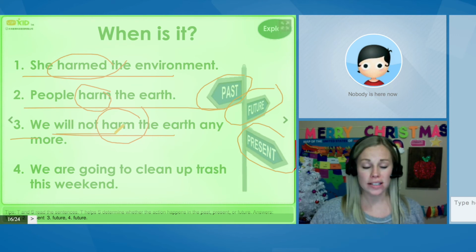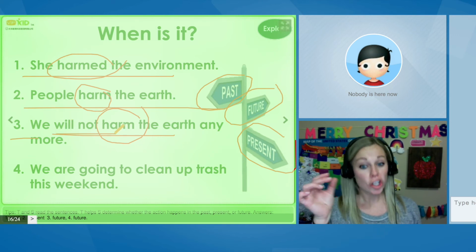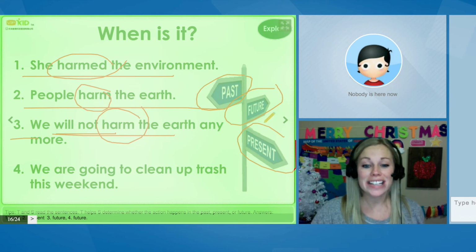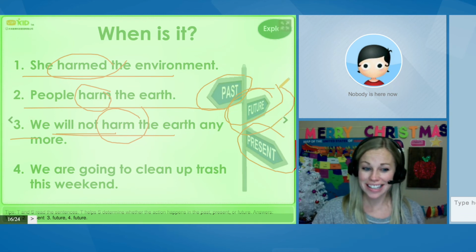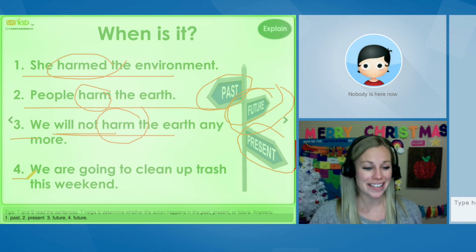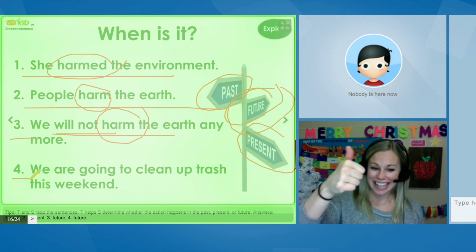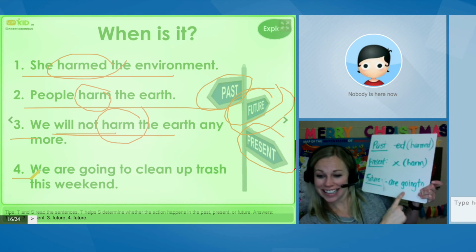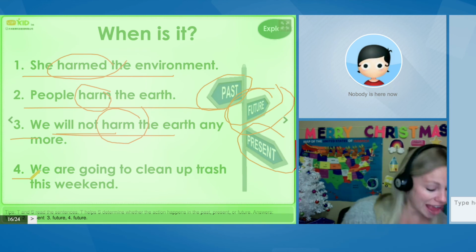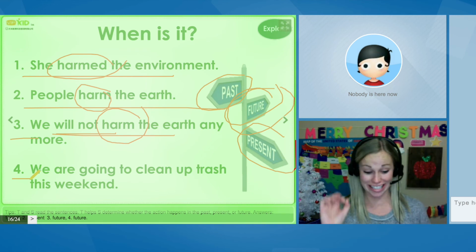Will not. Close to present. If it has will not, it is future tense. You know number 4. Good. Yes, it is the future. Excellent job. That was tough.